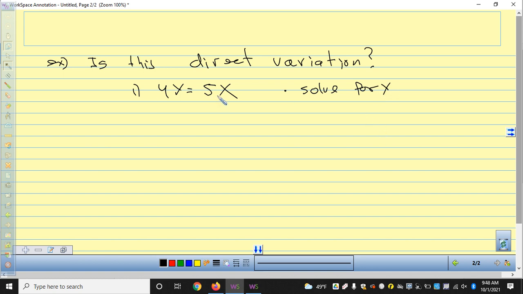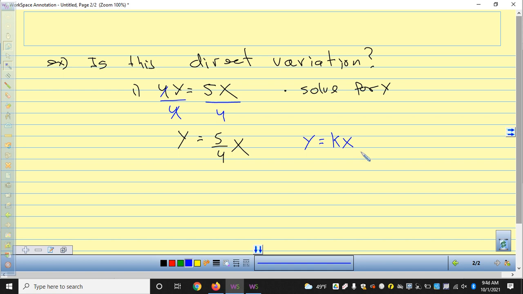So to solve for y, to get y by itself, what am I going to do here? Divide by 4. So I'm going to divide both sides by 4. Those cancel out. And I get y equals 5/4 x. Does this look like y equals kx, some number times x?